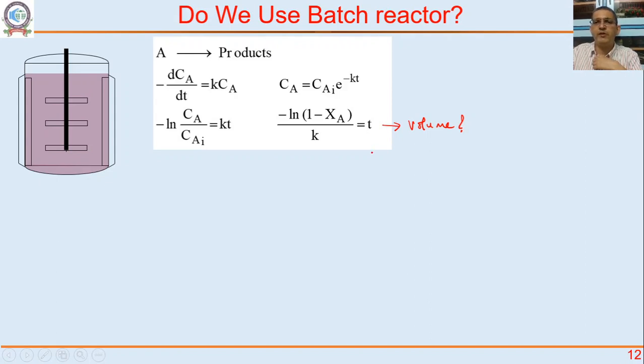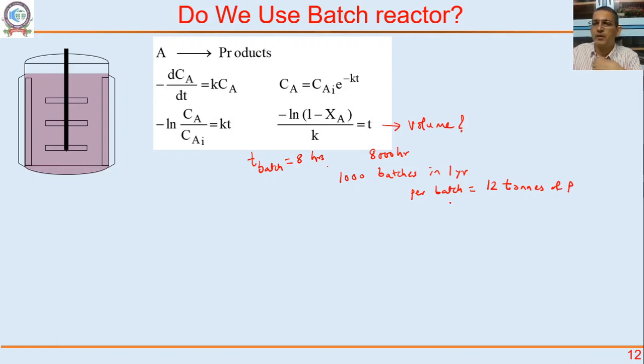We know it is going to operate for 8000 hours. Suppose our batch time is, let's say, 8 hours. That means within 1 year we can do 1000 batches. If you are going to do 1000 batches within 1 year, that means per batch we need 12 tons of product.